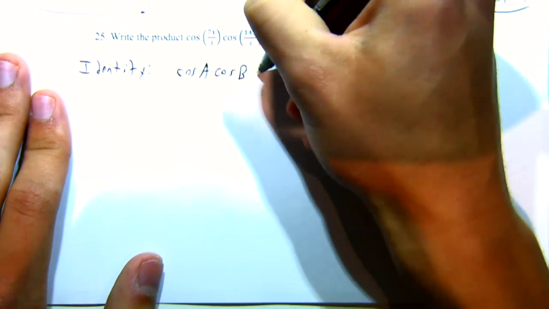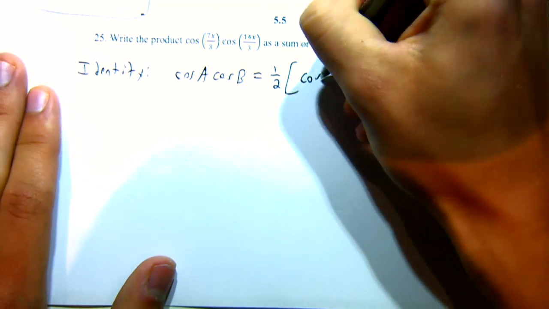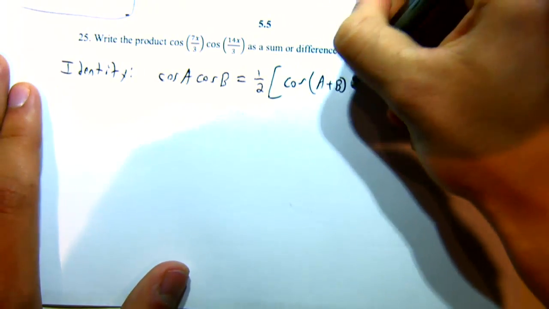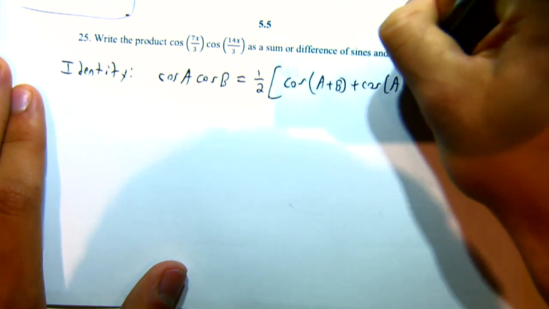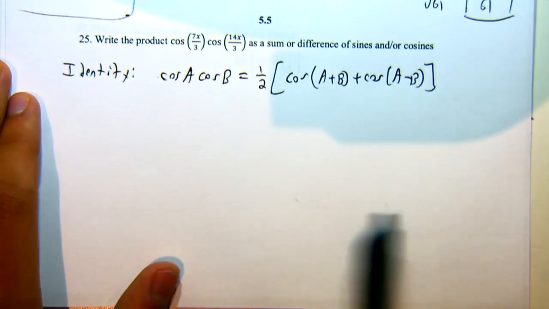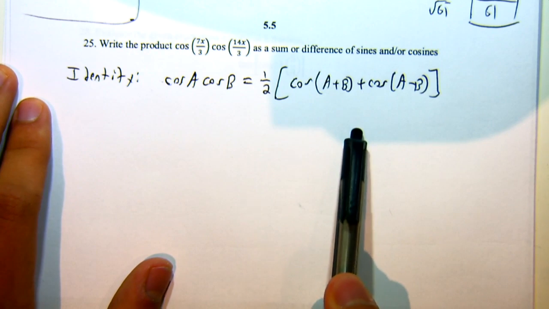So looking at this, it looks quite similar to an identity we have, which is cosine A cosine B is equal to 1/2 cosine of A plus B plus cosine of A minus B. Now this is one of those identities that's given, so this is one of the product to sum identities. So this is not one you need to memorize.